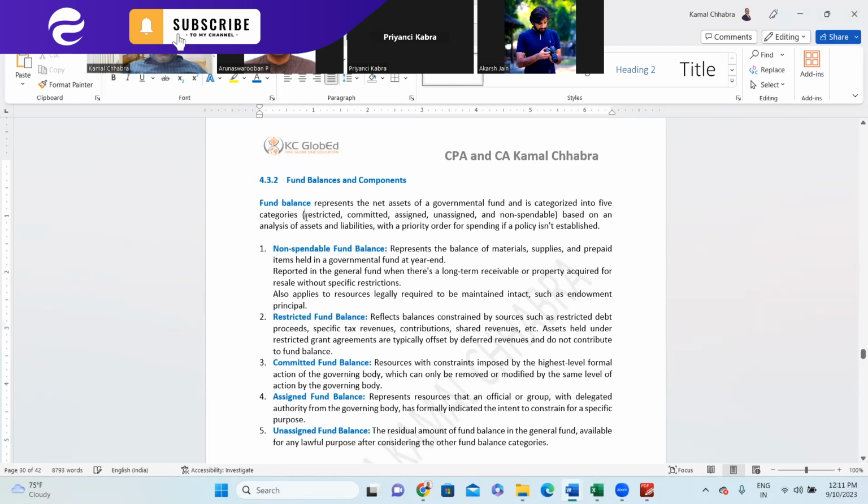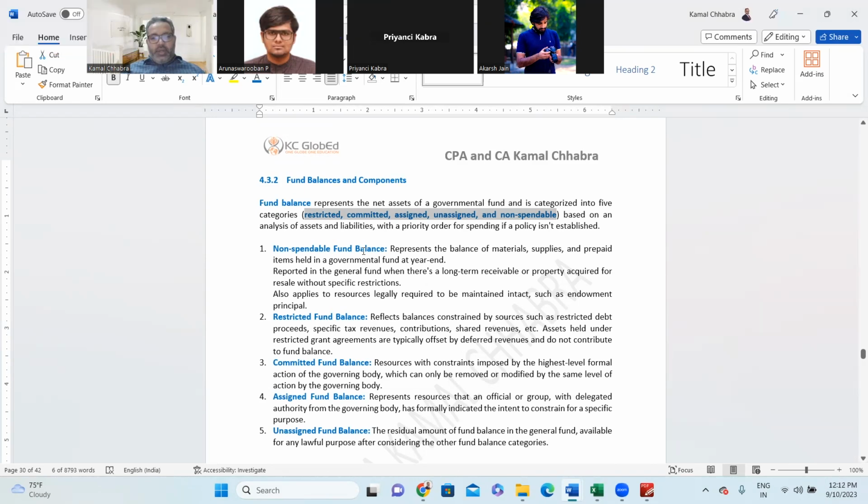So these are the 5 categories in which you designate this fund, based on an analysis of the assets and liabilities with the priority order of spending if the policy isn't established.